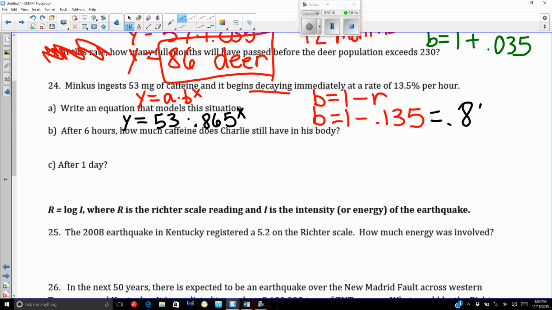So now we can use that equation to answer part B. It wants to know after 6 hours how much caffeine does Charlie still have in his body. The problem tells us the decay rate up here is per hour, so that works here.